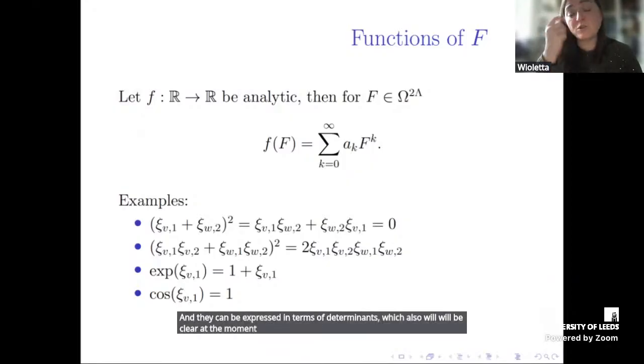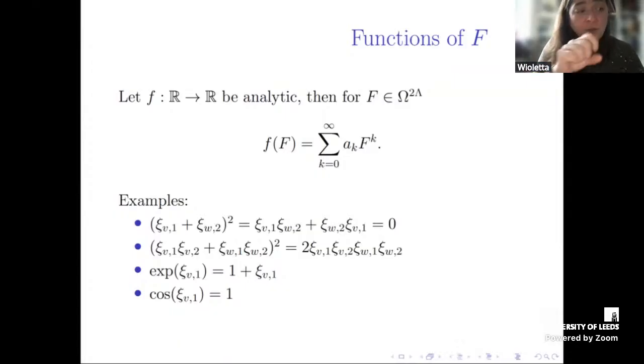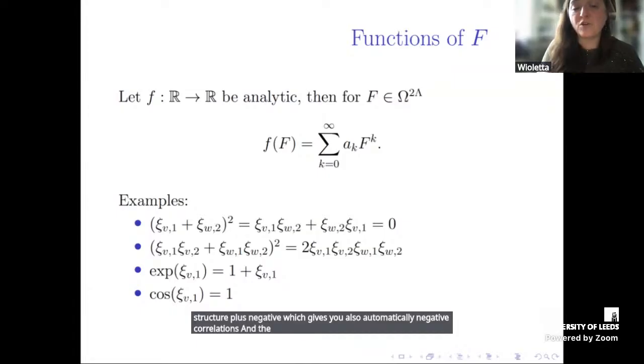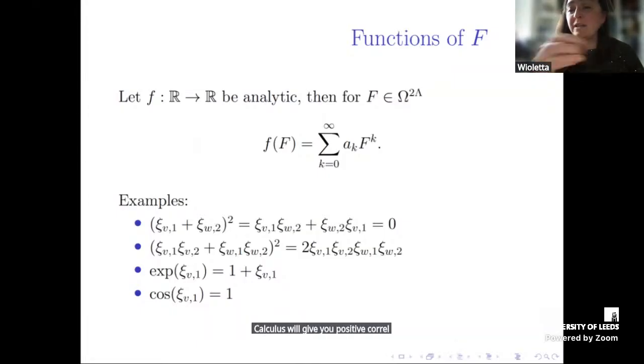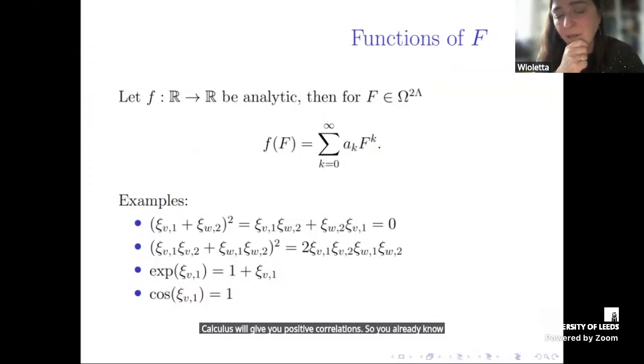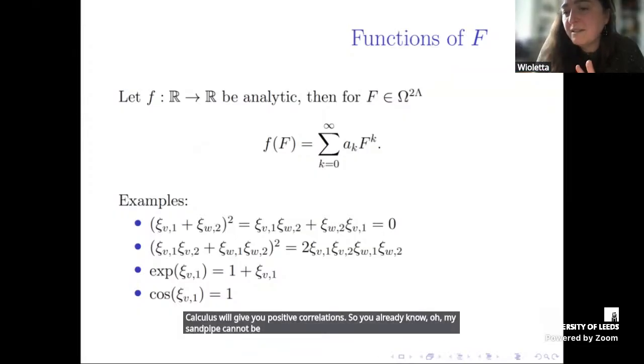So you have a determinantal structure plus negativity, which automatically gives you negative correlations. And the commutative counterparts, or the bosonic calculus, will give you positive correlations. So you already know my sandpile cannot be bosonic because it is not positively correlated.